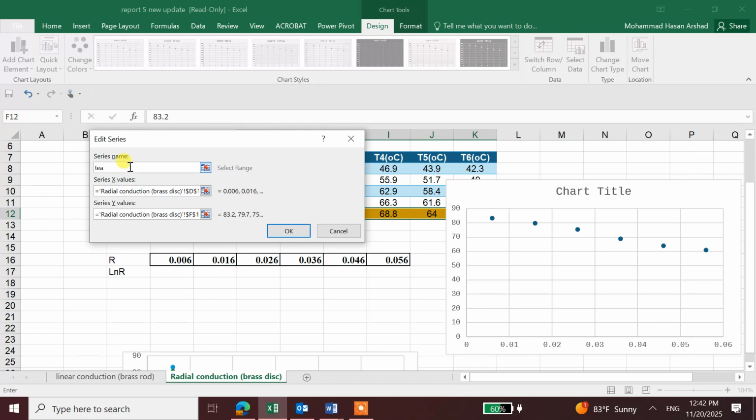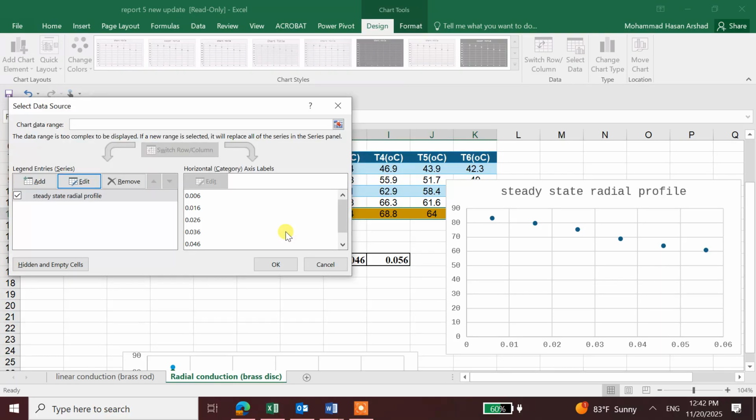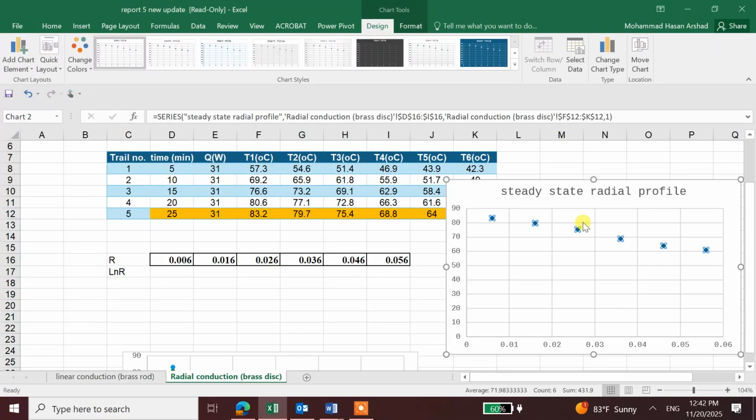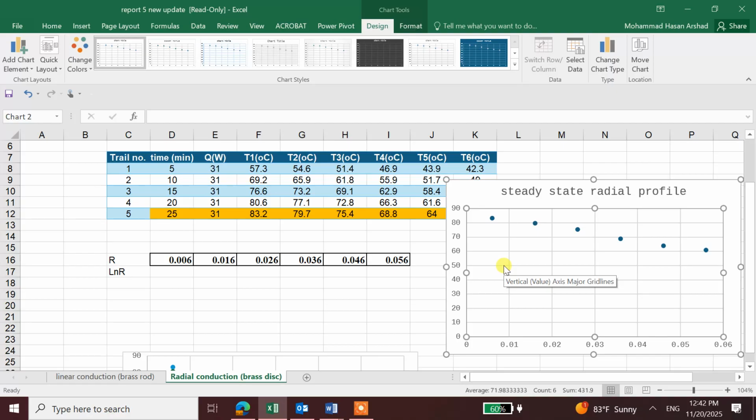Steady state, so this is along the length. Now what profile should we fit for the axial conduction? We use linear.